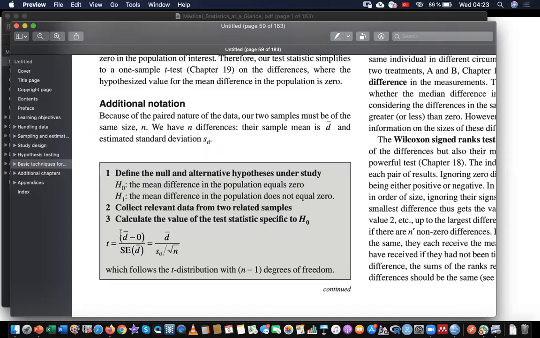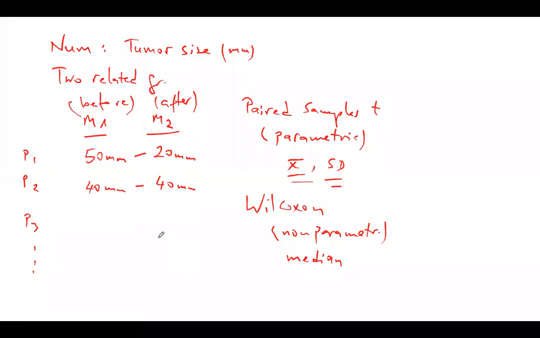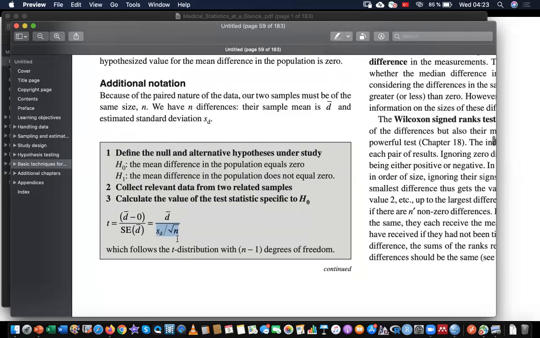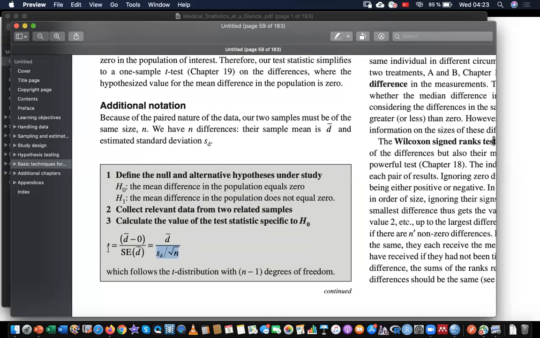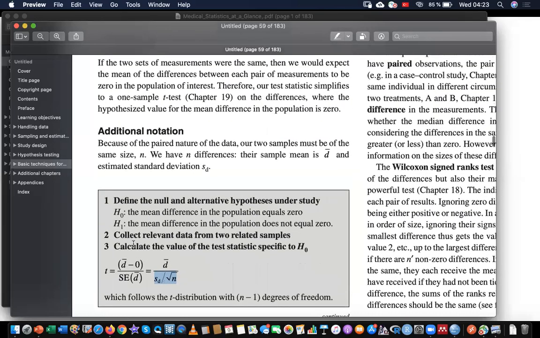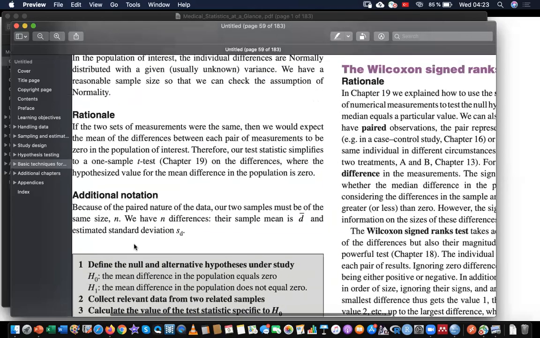So we use the mean difference divided by the standard error of the differences. The formula for standard error, you should have in your mind: standard deviation divided by square root n. This is how we calculate the t-value for the paired samples t-test.